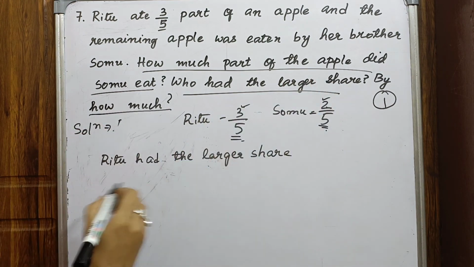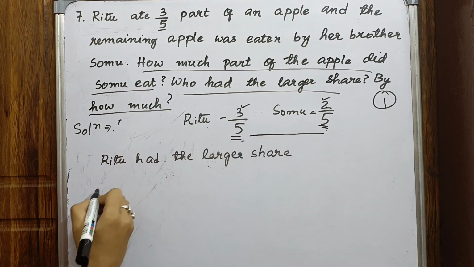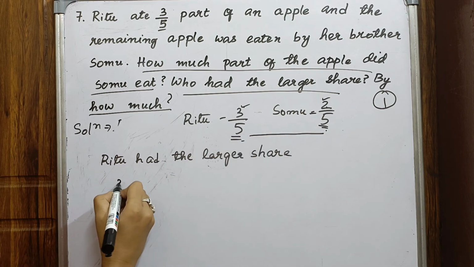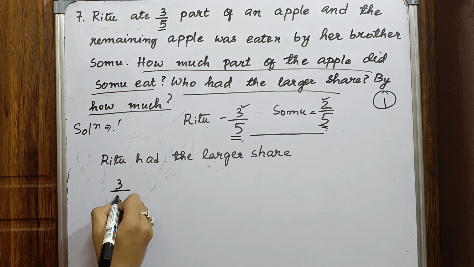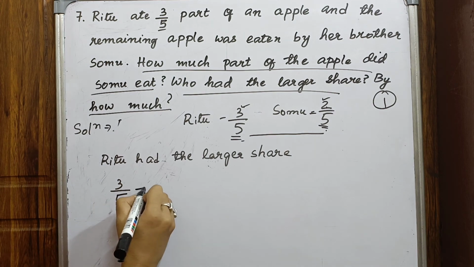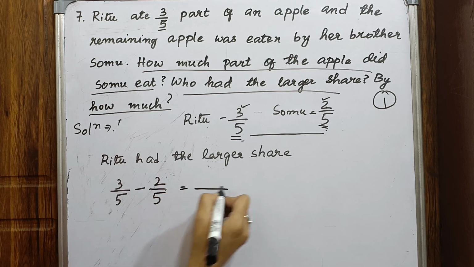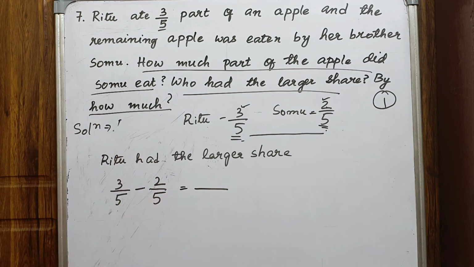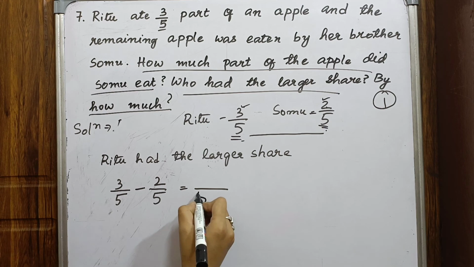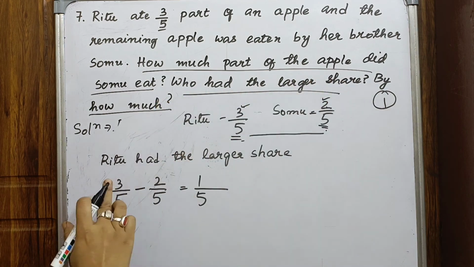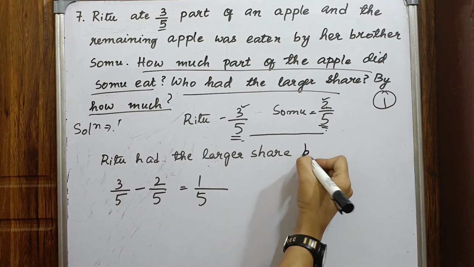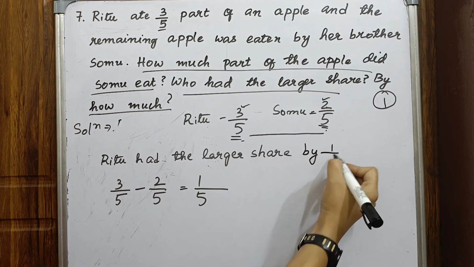Now by how much? How will we know? We'll subtract: 3 by 5 minus 2 by 5. You don't need to do the LCM because the denominator is the same, and 3 minus 2 is 1. So who had the larger share? Ritu had the larger share by 1 by 5.